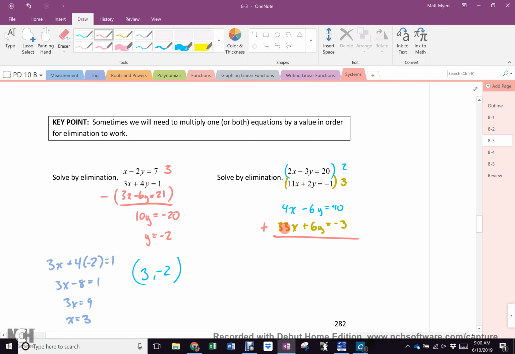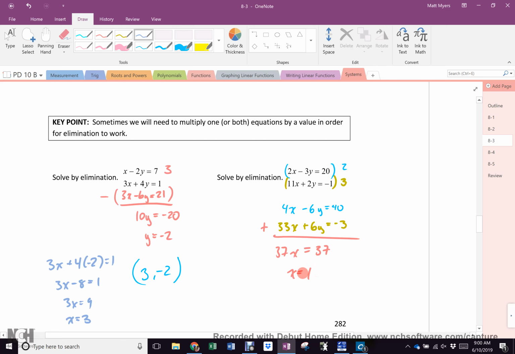What is 4 plus 33, calculator? 37. What is 40 plus negative 3, calculator? 37. What does x equal? 1. Where does that 1 go?